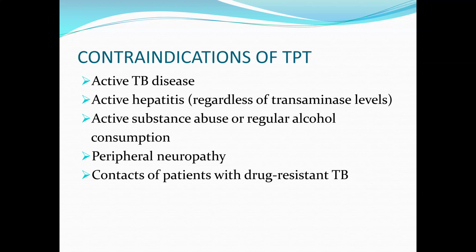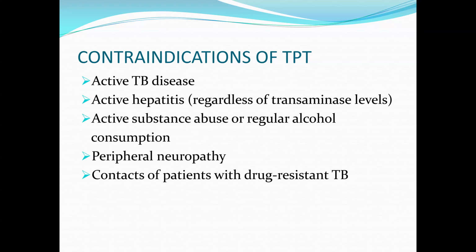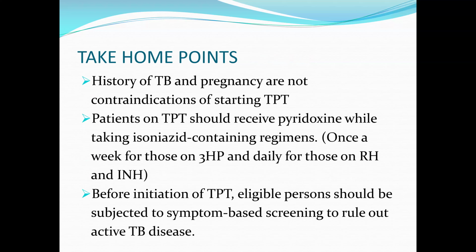You also need to make sure that the patients you want to give TPT are not active substance abusers or regular alcohol consumers. Then we also need to check for peripheral neuropathy, and for contacts of patients with drug-resistant TB, because the drugs we are using are also used in drug-sensitive TB, so we don't want to expose them again.